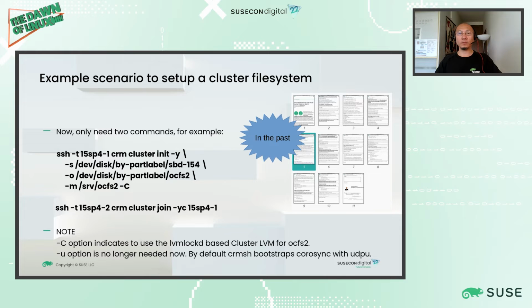And for some users who are familiar with our product, just a side note: the -u option is no longer needed now, since crm shell bootstrap by default applies the UDP protocol for Corosync. So that's basically the example scenario.